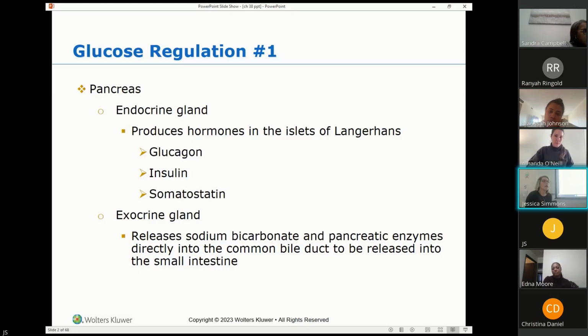What kind of acid is in the stomach? Hydrochloric acid. Do you really think that it's a good idea for stomach acid to go straight into the small intestine? No. The intestines do not like acid. So the pancreas has to neutralize that hydrochloric acid before it hits the small intestine by releasing sodium bicarbonate. That is a very important process in our bodies.